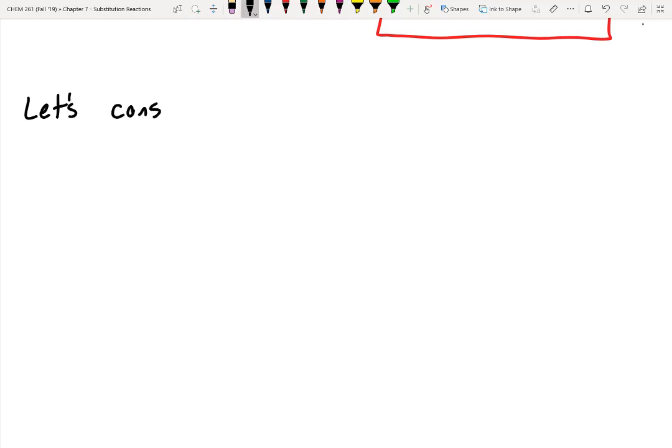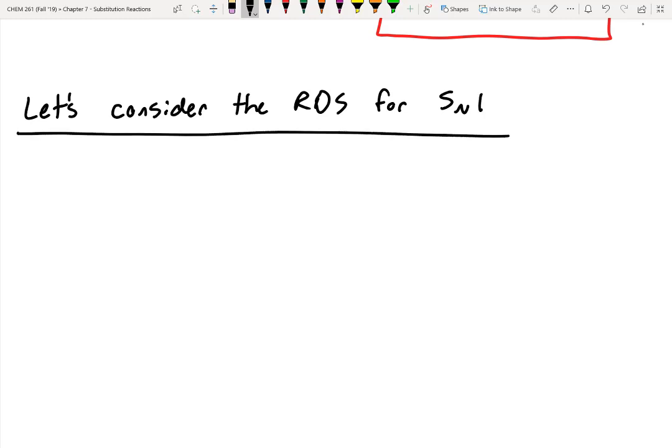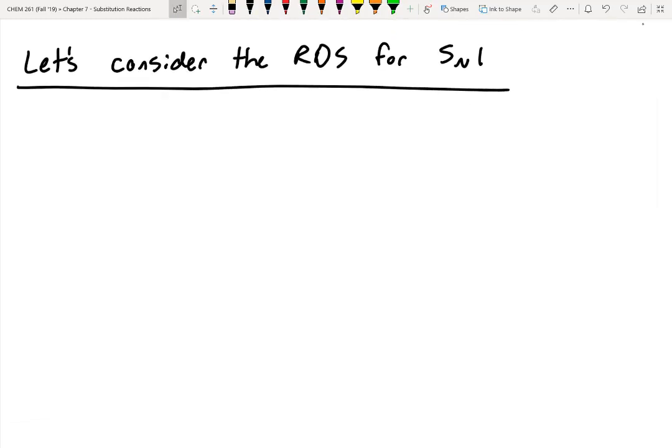so let's consider SN1 again. What was the rate limiting step for an SN1 reaction again? Leaving group falling off?